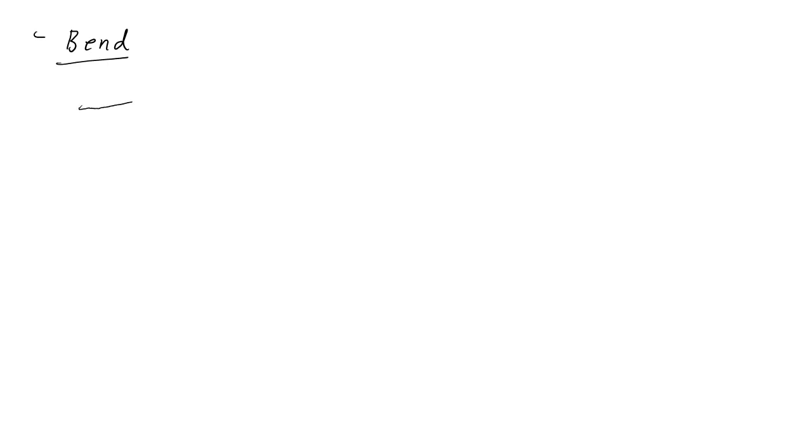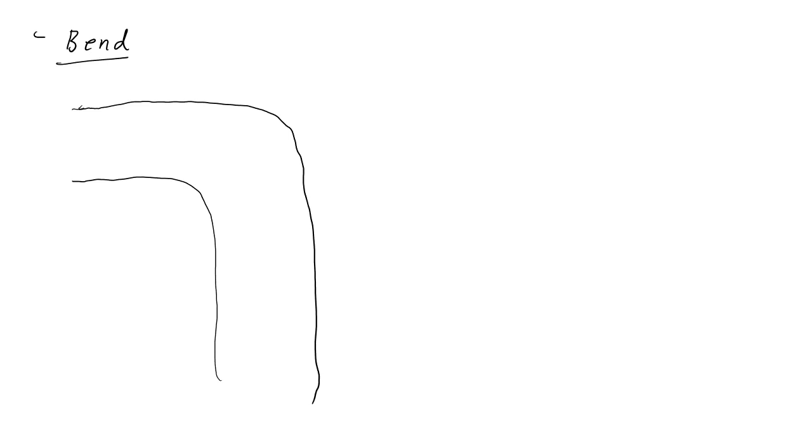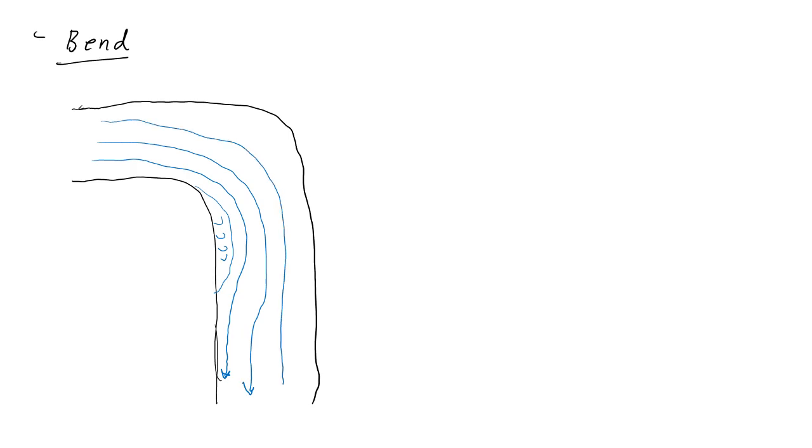So in other words, if I have flow in a bend, and if these are my streamlines, you can also get a separation bubble on this side. And again, this separation bubble here.